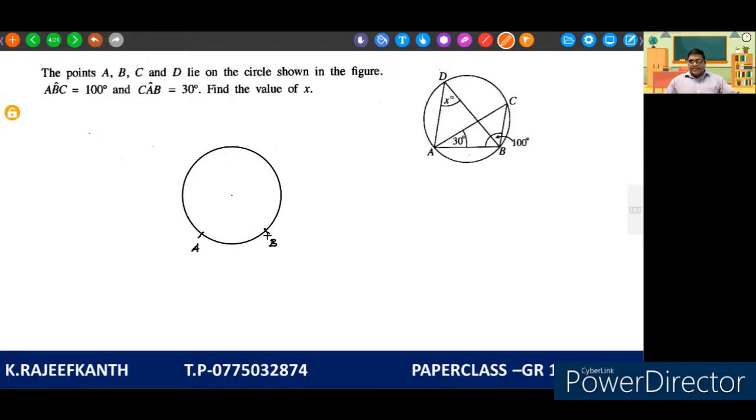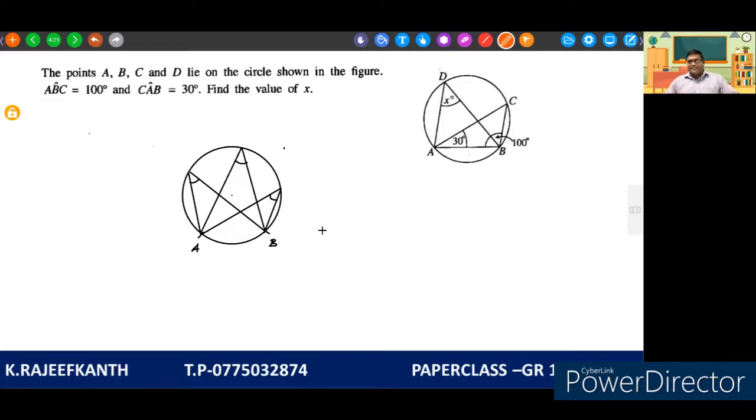Here, this arc forms angles on the circumference. Here, these angles are equal. This is called angles in the same segment. These angles are always equal. Here, this arc AB forms angles on the circumference.